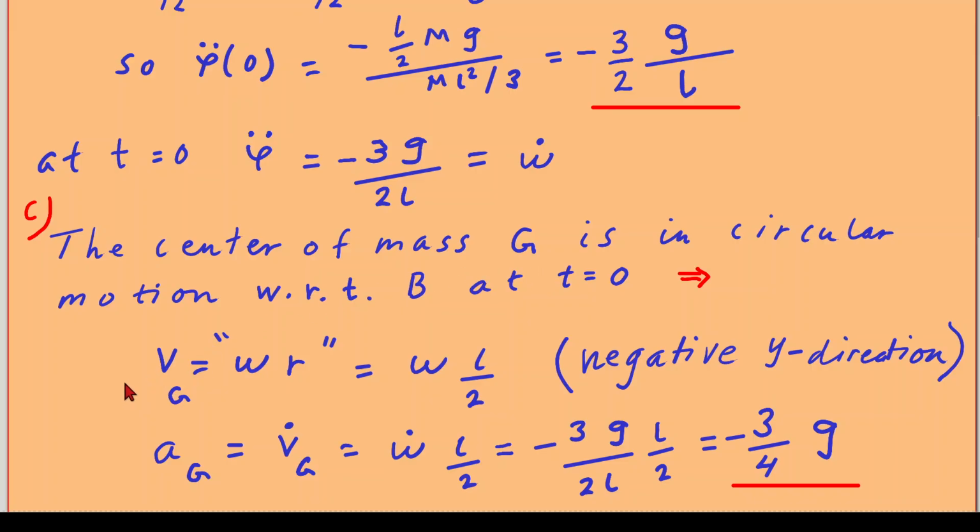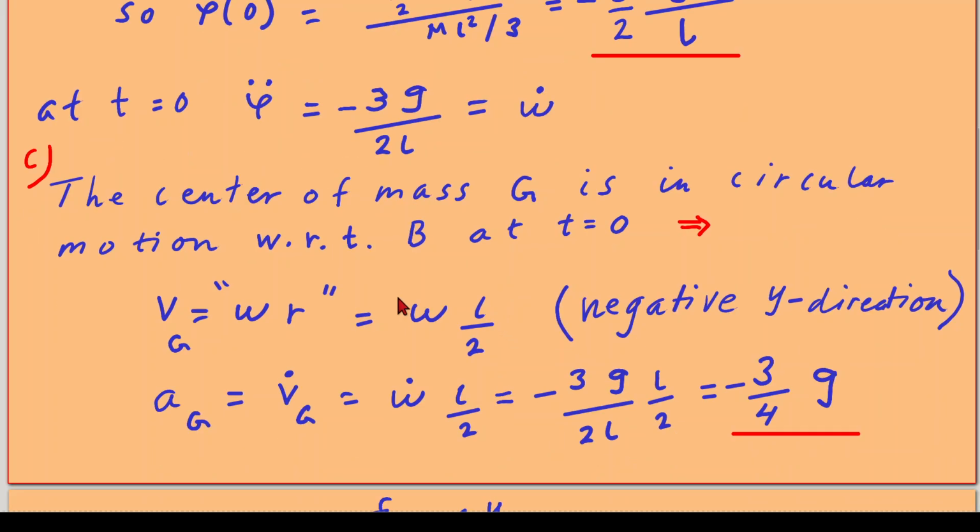And then, of course, the velocity is just of the type omega r, for circular motion. And omega is the angular speed, and the radius in this case is L half. That's the distance to the center of mass. And we also realize that the velocity will be directed downwards, so it must be in the negative y direction. So, in fact, omega must be a negative number.